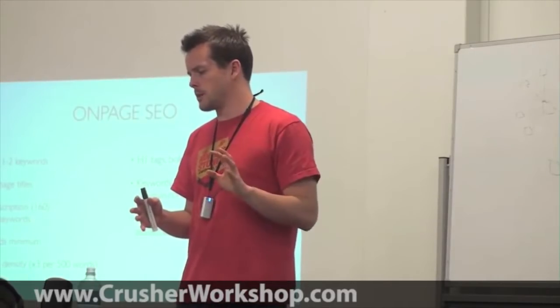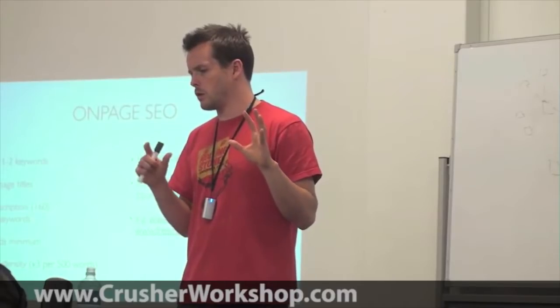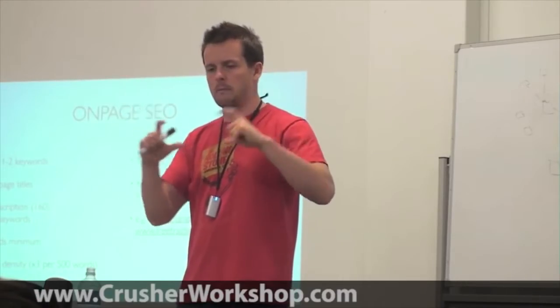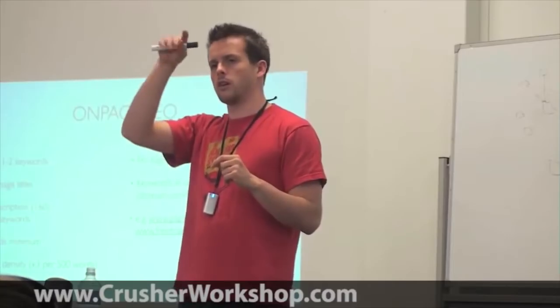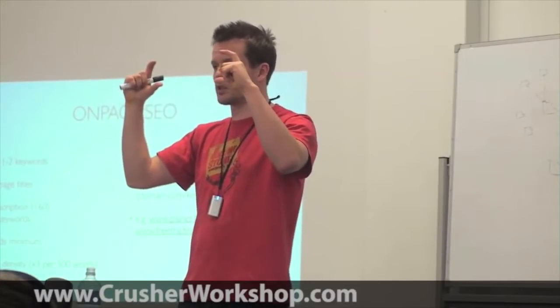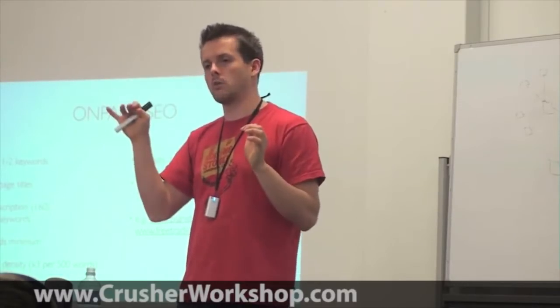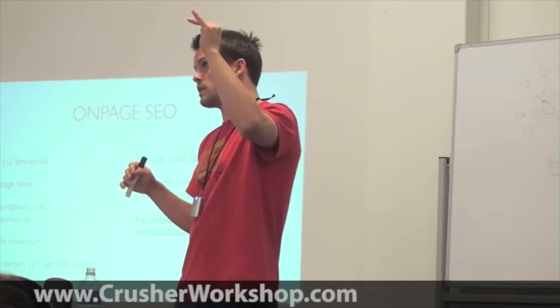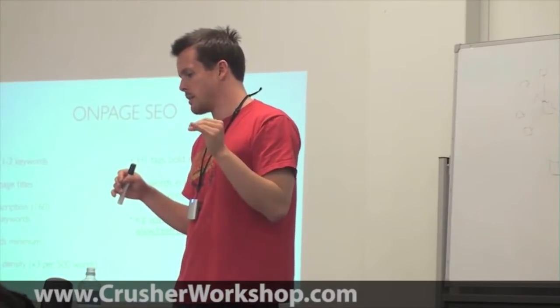The meta description is the description that appears in Google. When you do a search for something, it'll have the blue underlined link, and underneath is the description. You actually get to control what is in that meta description, and you just want to make sure the keyword's in there. Have it at least once in the title tag, and at least once or twice in the meta description.